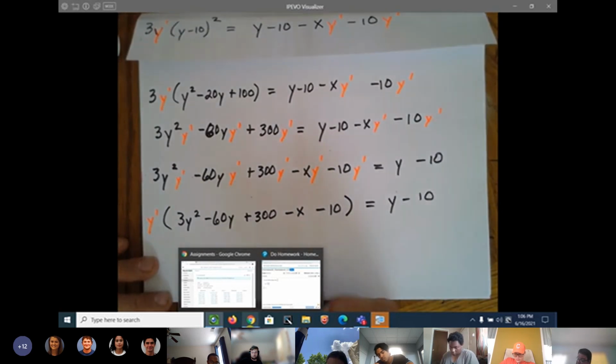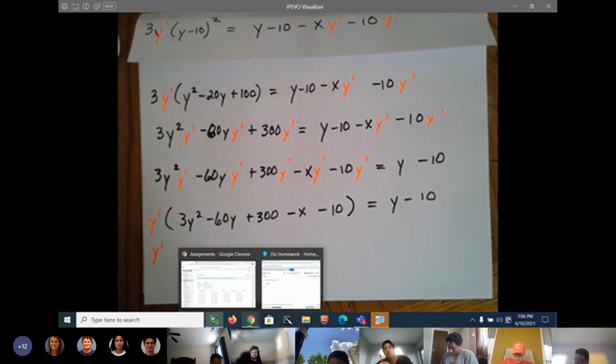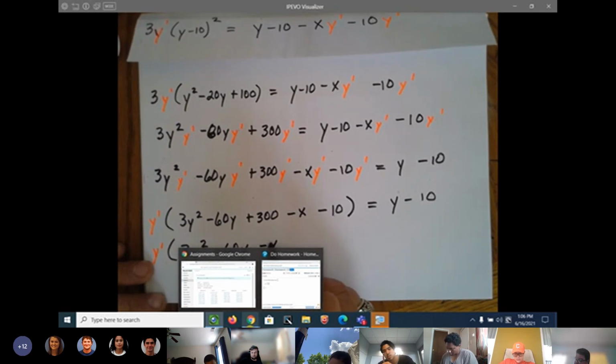I'm looking to see if anything, that minus 10 and that 300 can combine, and we get y prime times 3y squared minus 60y minus x, what, 290?